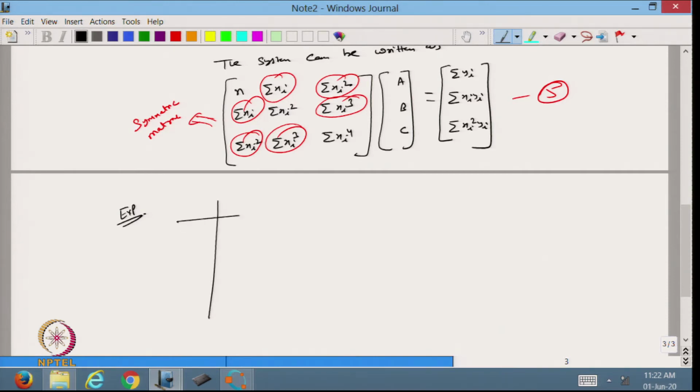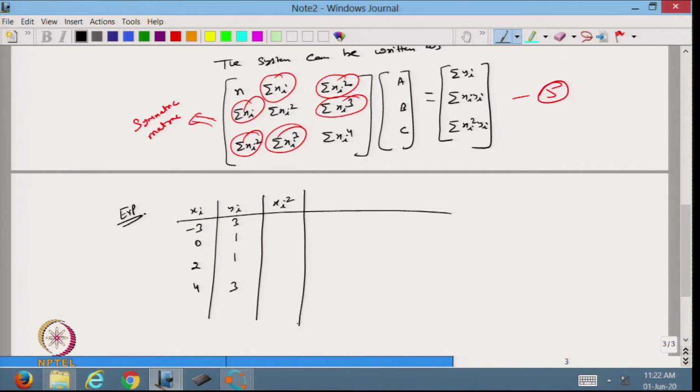Suppose I have the given data. This is my xi's and this is yi's that is given to me. So, it is minus 3, 0, 2, 4, 3, 1, 1, 3. Now, I take xi's square because I need xi square. So, it will be 9, 0, 4, 16.